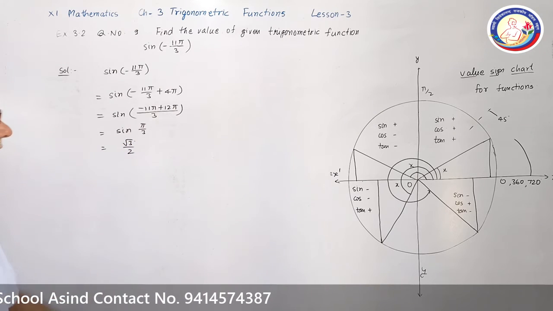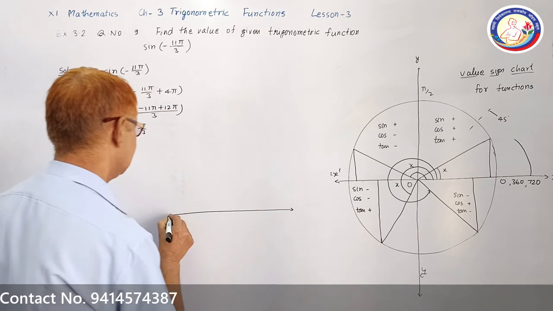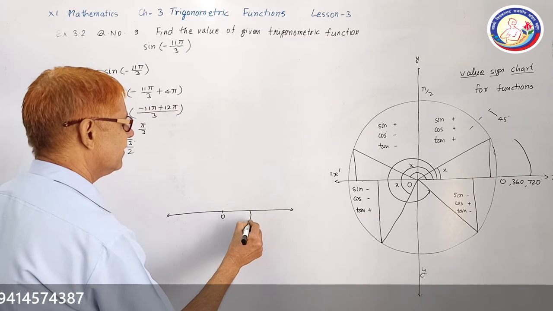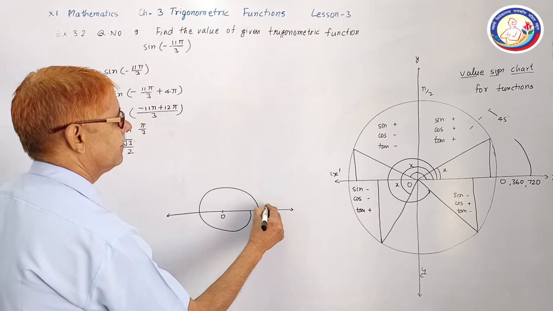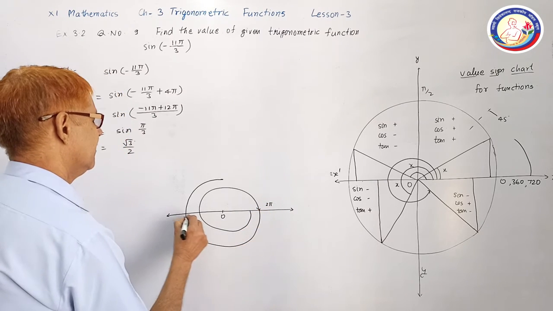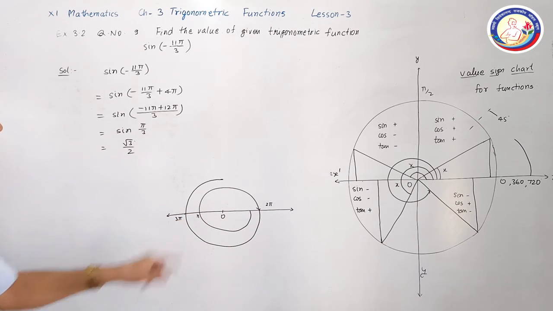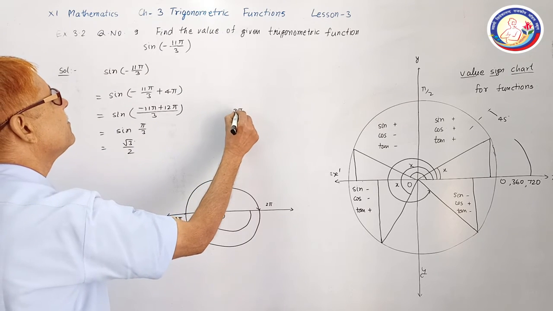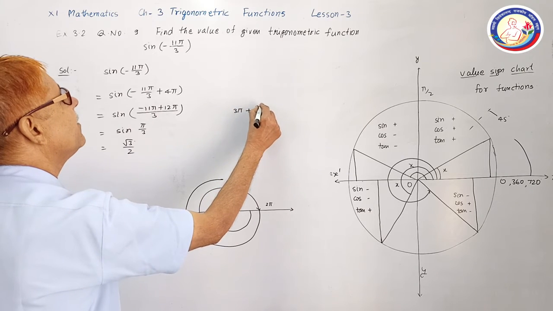Now understand it with a figure. Say this is a line and O is a point. If we move in the negative direction from here, this is 2 pi here. Again move, this is 3 pi. After 3 pi, we can write it as 3 pi plus 2 pi by 3.